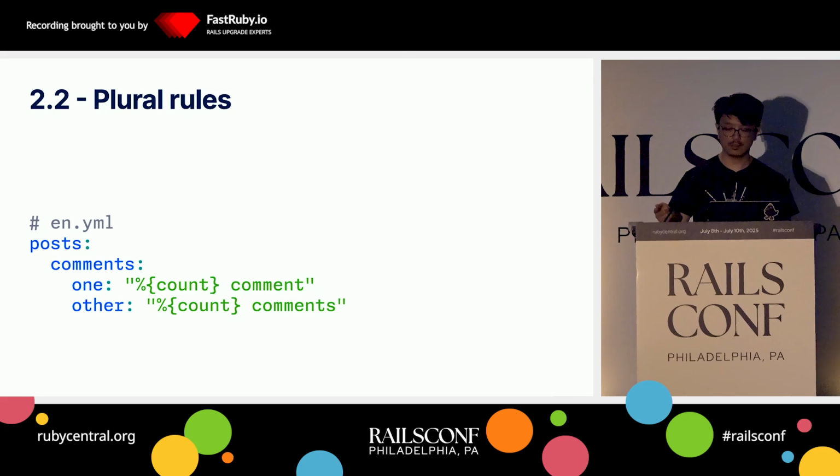For one, we write the message as if there was only one item. And then for other, we write the message in the plural case. And these keys are what signal to Rails that this translation has pluralization logic. So it's going to look at the count to choose which variant to use.